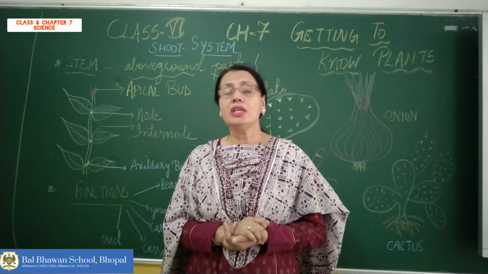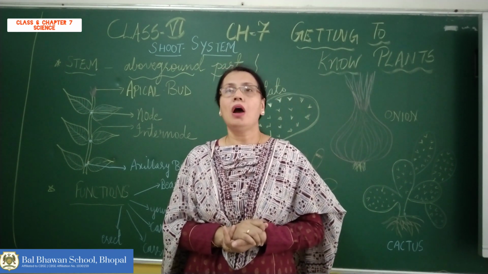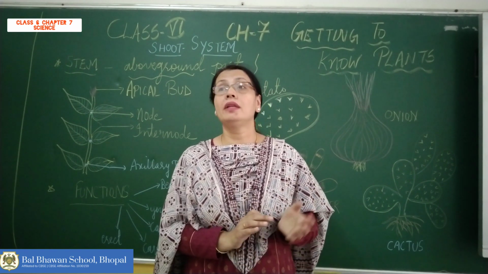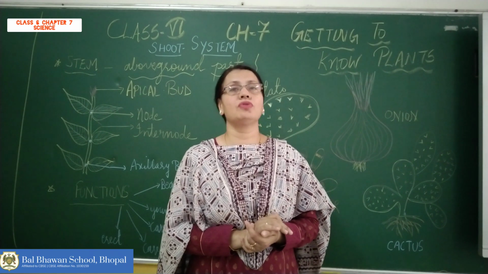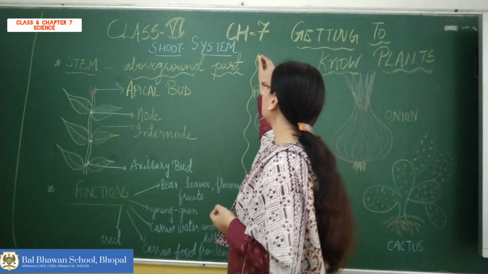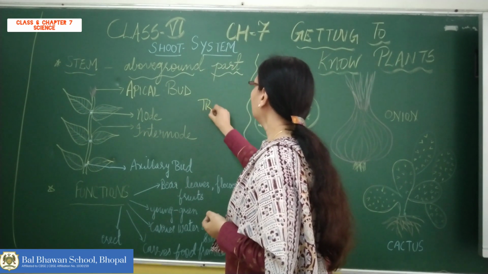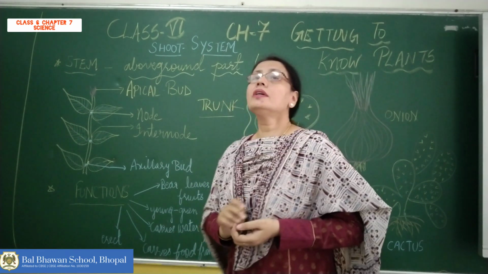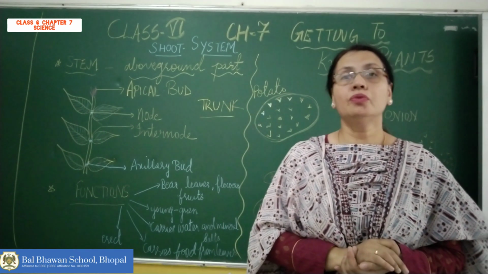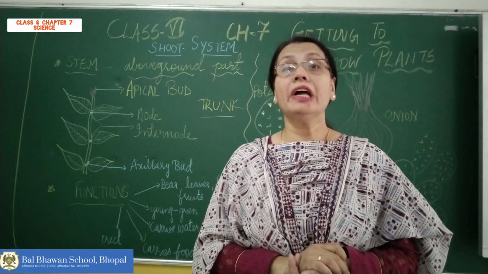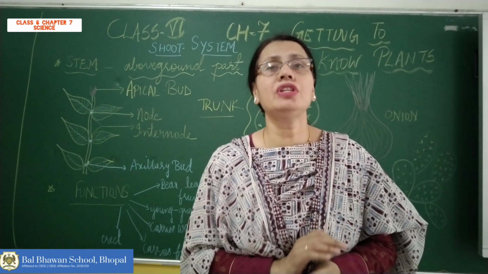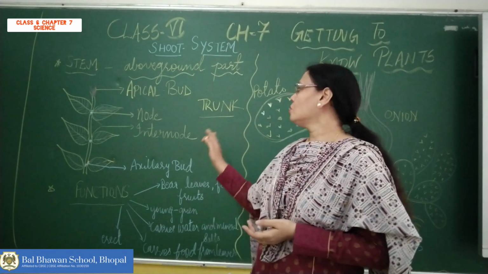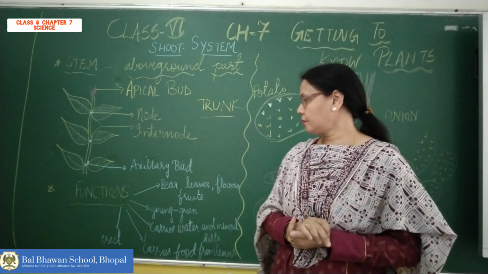These trees have a hard, woody, thick stem, and a specific word is used for that type of stem, and that is called trunk. Now let us define what a trunk is. The hard, woody, strong, rigid, brownish-colored stem of a tree is known as the trunk.